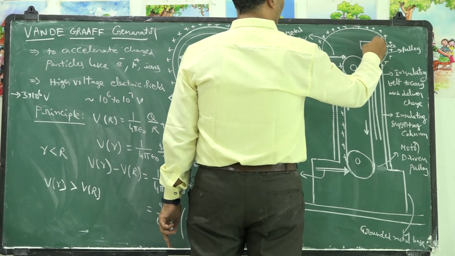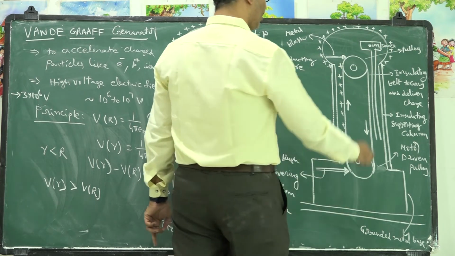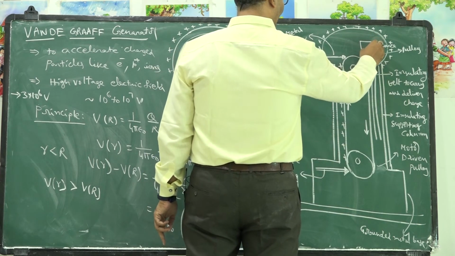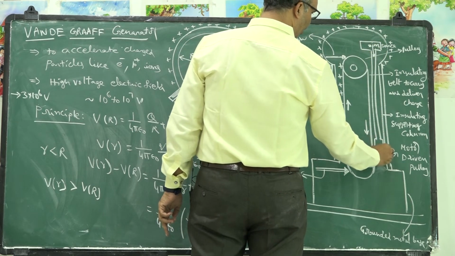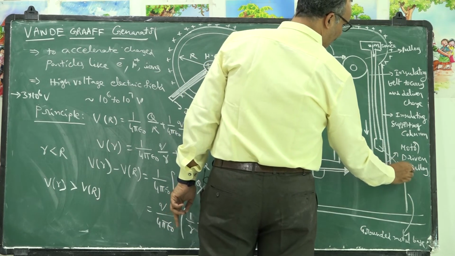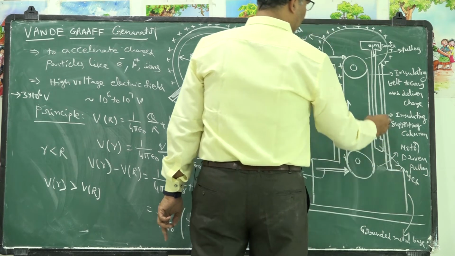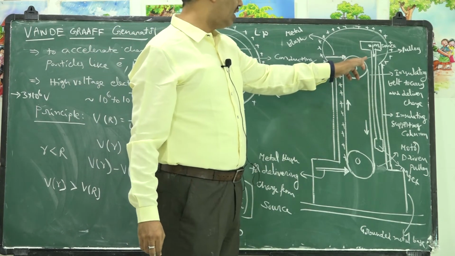From the ion source, ions get generated. As they are kept in a high electric field, they get accelerated. Accelerated ions will come and hit the target. The target will be here. This is the target element. This part is not necessary to draw, but I am saying it for your understanding.